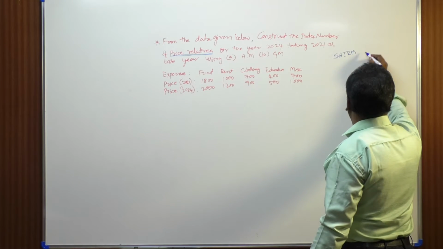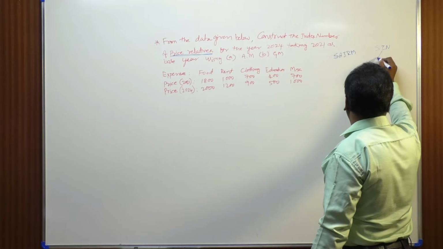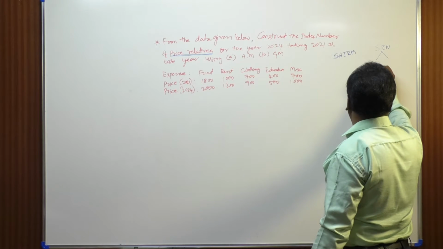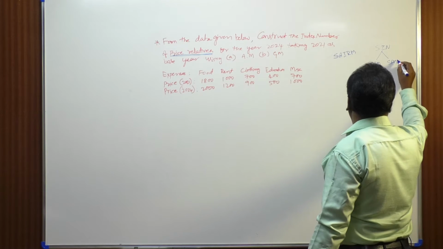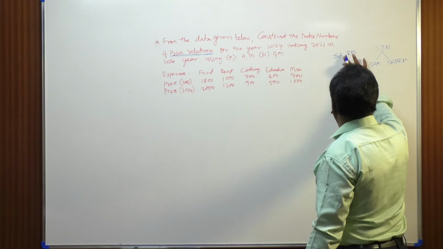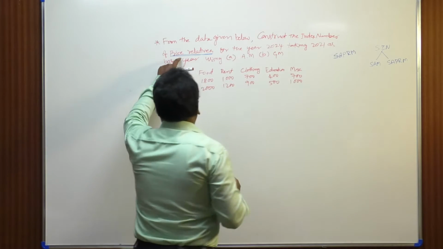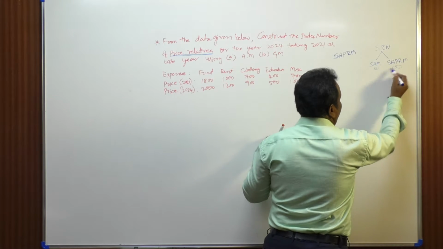In the simple index number, there are two methods: the simple aggregate method and the simple average price relatives method. This is the first one, this is the second one.